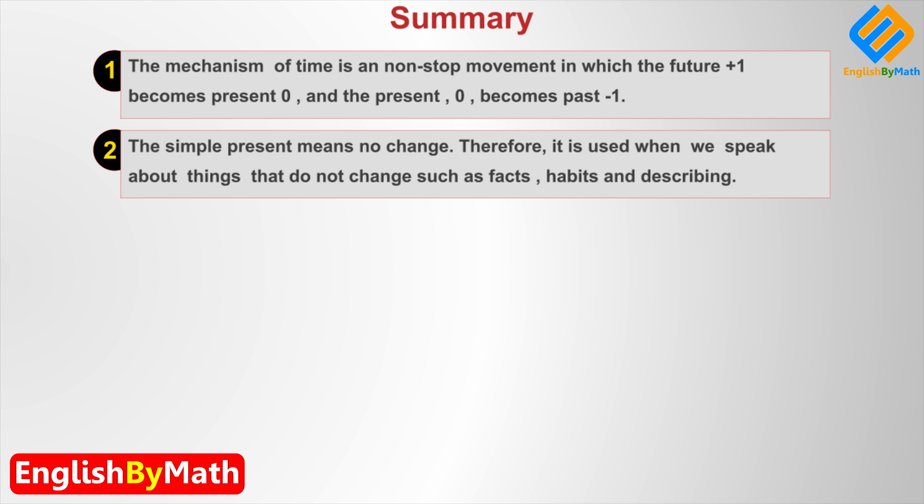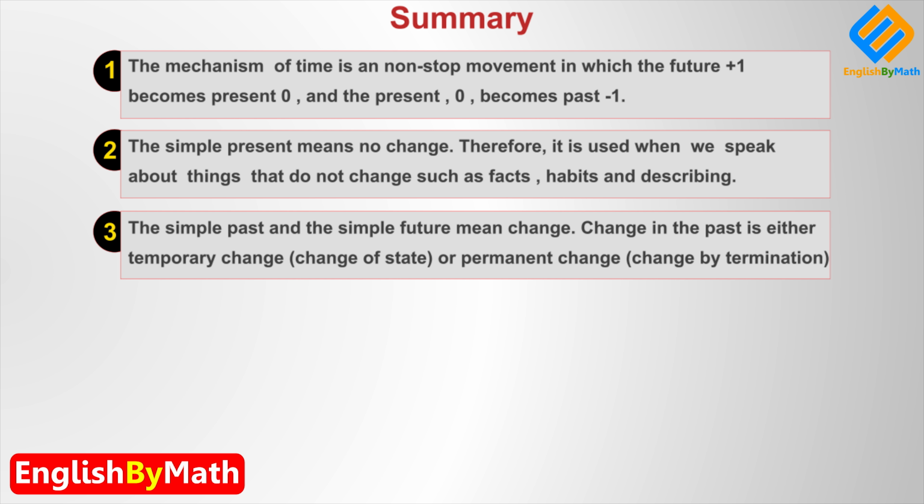Therefore, it is used when we speak about things that do not change, such as facts, habits, and describing. 3. The simple past and the simple future mean change. Change in the past is either temporary change, change of state, or permanent change, change by termination.